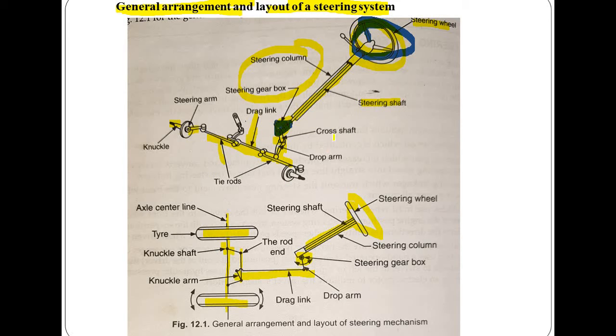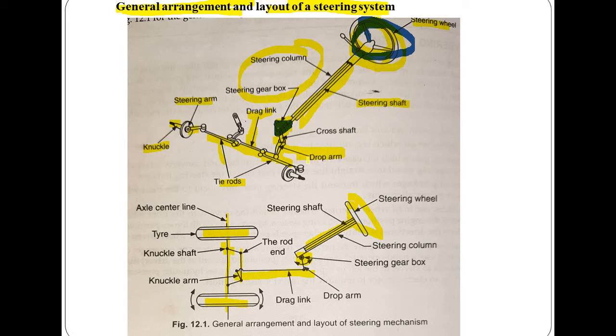This is the steering column, which holds the steering wheel. Inside the steering column, the steering shaft is there. This shaft is rotated and this rotary motion is transmitted through the steering gearbox to the wheels via various linkages. Here is the cross shaft and here is the drop arm. Let's discuss all these points one by one: drag links, tie rods, knuckles, steering arms.